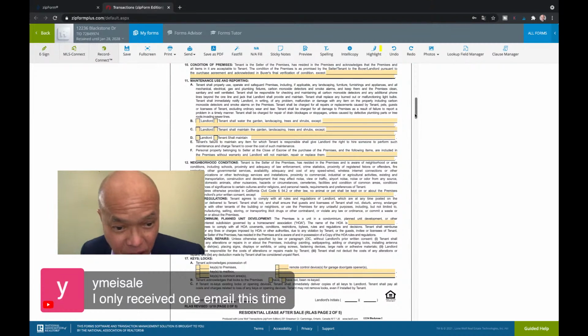And then B, C, and D are options. So you should check landlord or tenant. Usually I make the seller water the garden and landscaping, since they're living there. So make him do that, okay? And then I also make the seller maintain the garden, landscaping, trees, and shrubs.